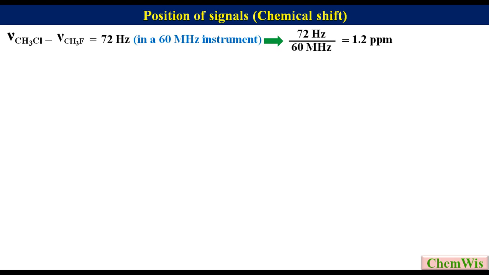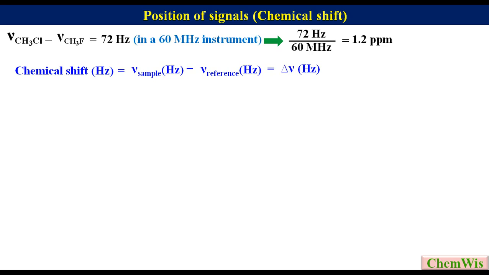So, we can write chemical shift in Hertz is equal to radio frequency in Hertz at which a particular proton in the sample resonates minus radio frequency in Hertz at which proton in the reference resonates. We can also represent this chemical shift in Hertz as delta nu.